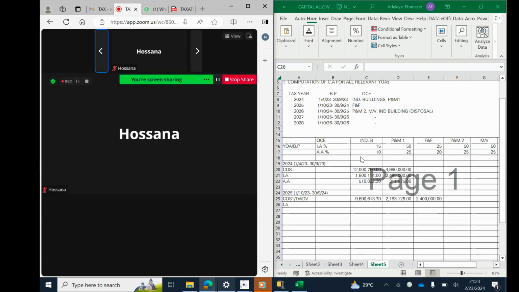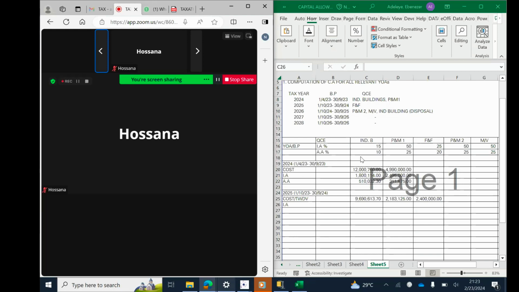Recall that initial allowance is not prorated, even if the asset was used for just 1 month in that year. It will still enjoy the full initial allowance. However, annual allowance is only calculated for the months that the asset was used during the year.